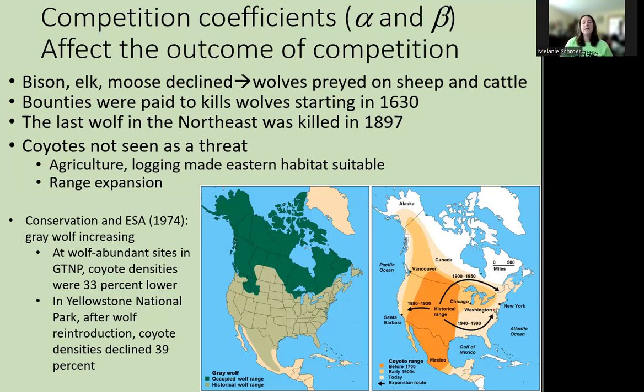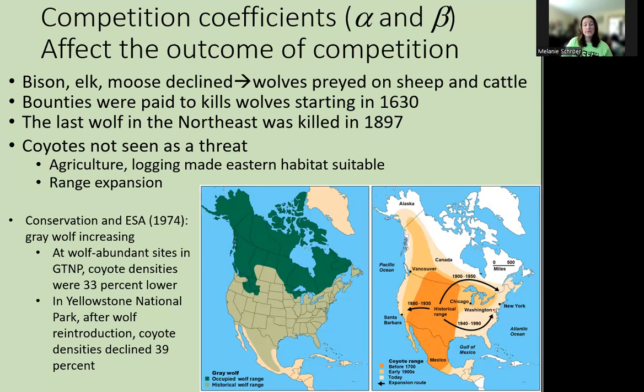Fast forward a little bit to the Endangered Species Act in 1974. The gray wolf was listed as an endangered species, and so efforts were made, particularly in the Northwest, to bring the wolves back. And of course, wolves were reintroduced to Yellowstone.